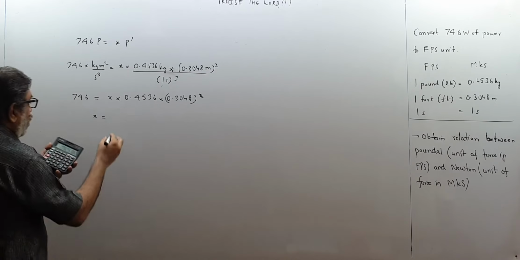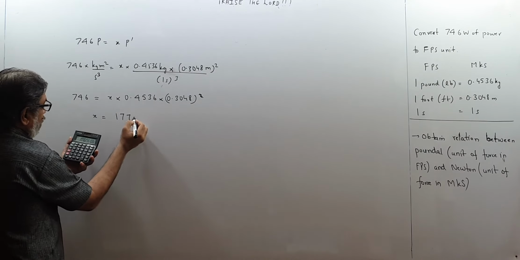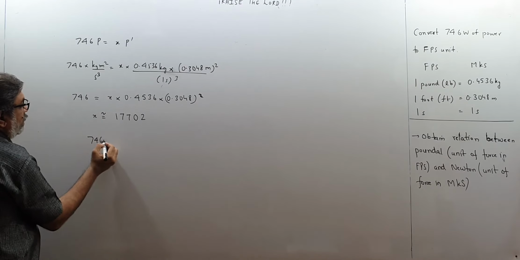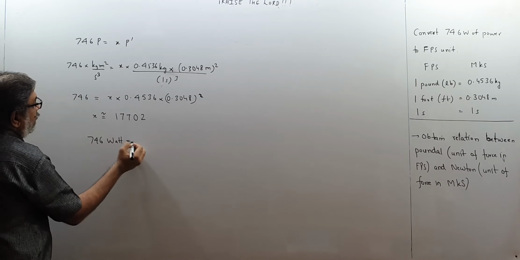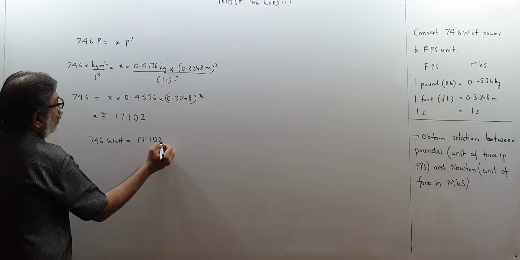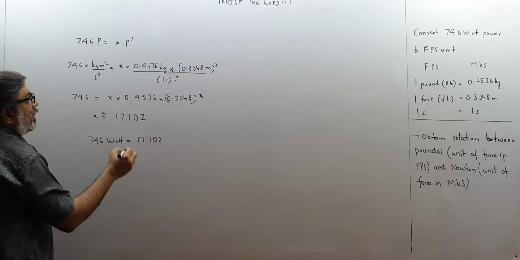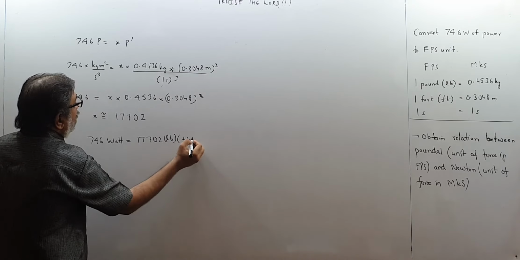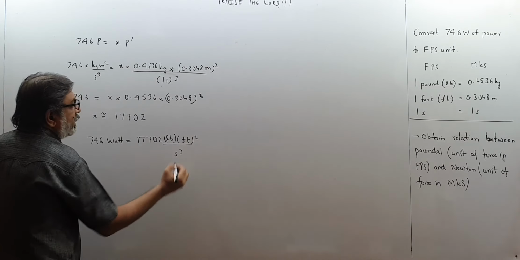It comes out to be 1702 approximately. So that means 746 watt of power is 1702 new power. Instead of kilogram I will write pounds, and this will be foot square upon second cube, like this.